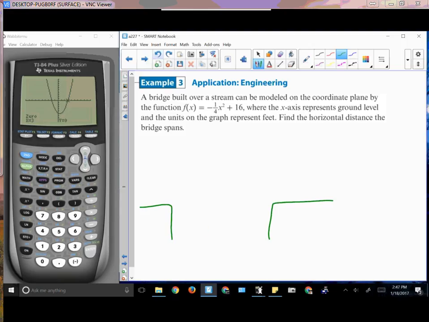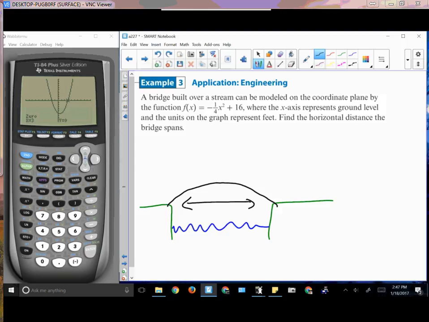I suppose this time of the year it'd be white, right? So I need to build a bridge across this thing, right? What I'm looking for is, as the bridge is going across, how far is this distance?